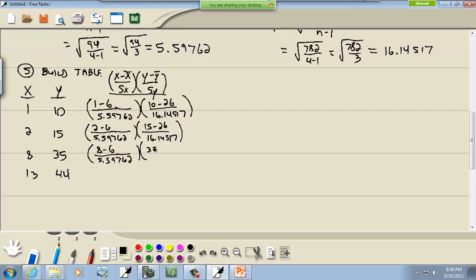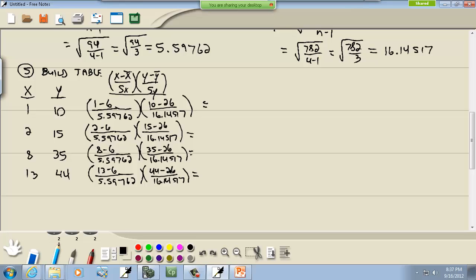And this will be 35 minus 26 over 16.14517. And this one will be 13 minus 6 over 5.59762. And this will be 44 minus 26 over 16.14517.